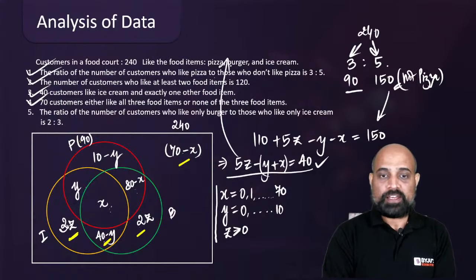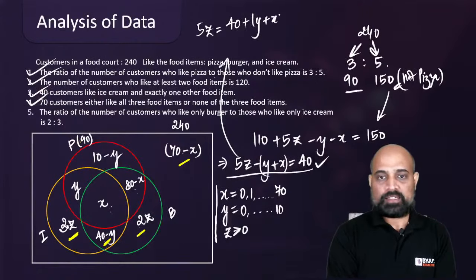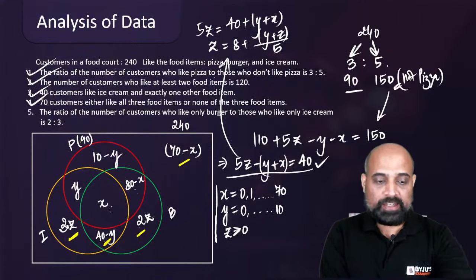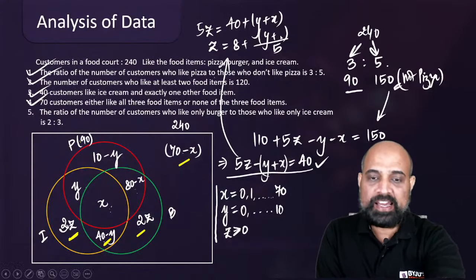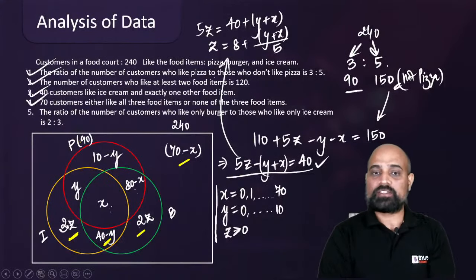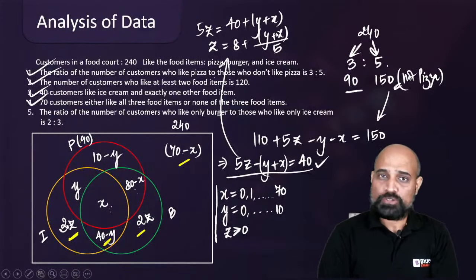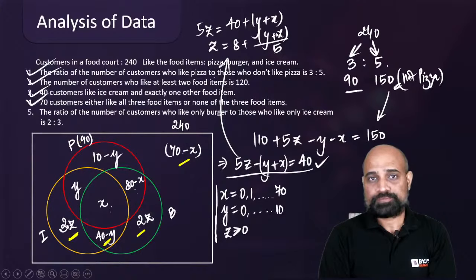Meaning, if I rewrite this as 5z is equal to 40 plus y plus x, or from here, z is equal to 40 by 5, that is 8, plus (x plus y) by 5. So can we say that the sum of x and y should be a multiple of 5? Otherwise z will become a fraction, and fractions are not allowed.